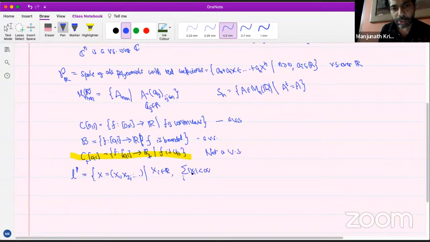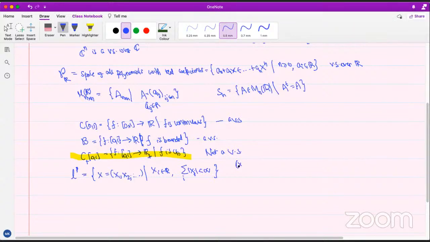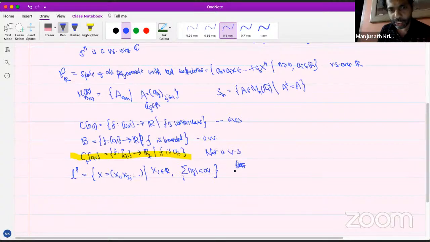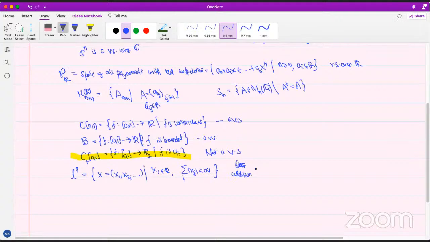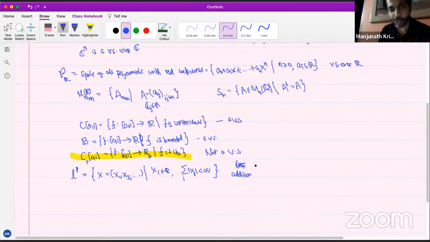All those sequences for which the absolute value sum is finite. So this is a vector space actually, because if you add two sequences, how do you add two sequences? Component-wise. Yeah, exactly. No, there is no limit. We will add two vectors element-wise. Yeah, addition is element-wise or coordinate-wise. Yes. Term-wise.